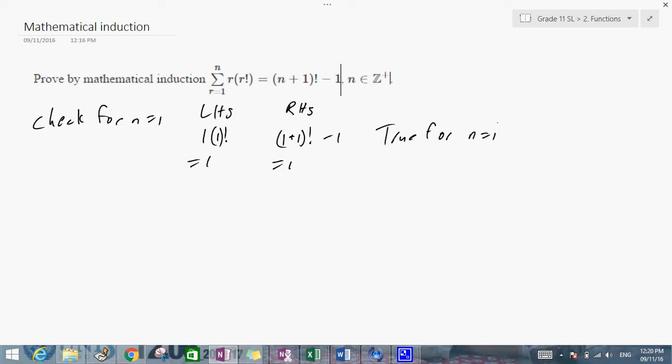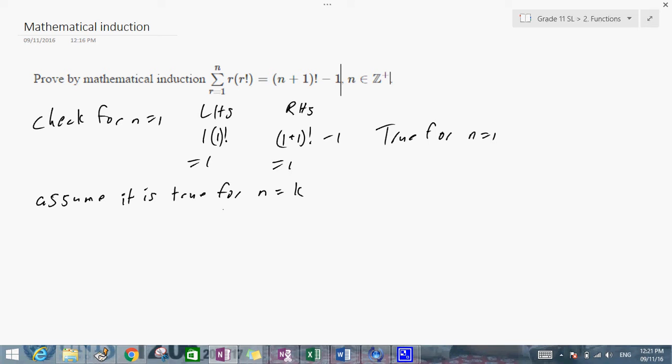Next, we're going to assume that it's true for k. So assume it is true for n equals k. And then we're going to check when it's n equals k plus 1. But let's just write down what this means.